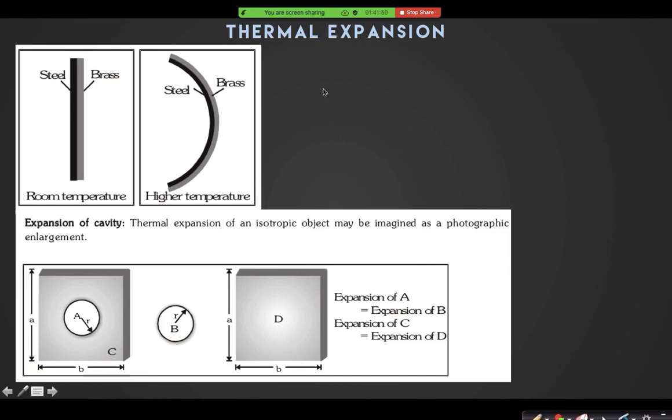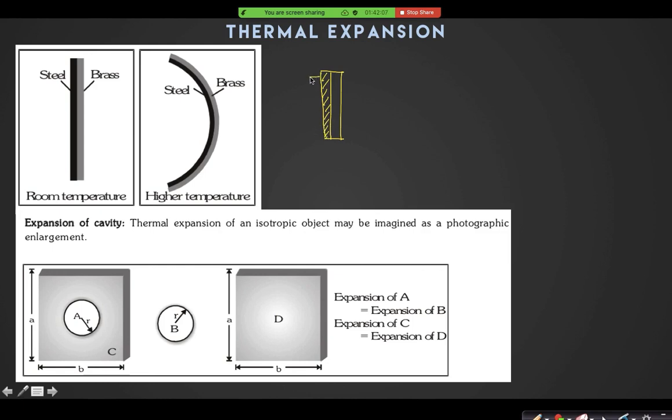So what happens actually is that there are two metals connected together like this, and they have two different coefficients of linear expansion.